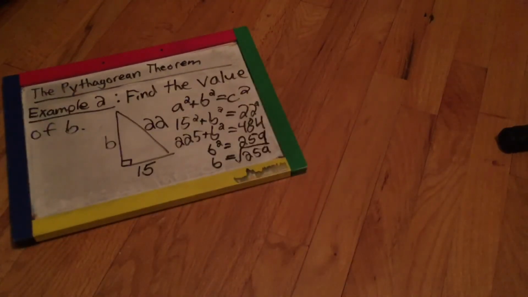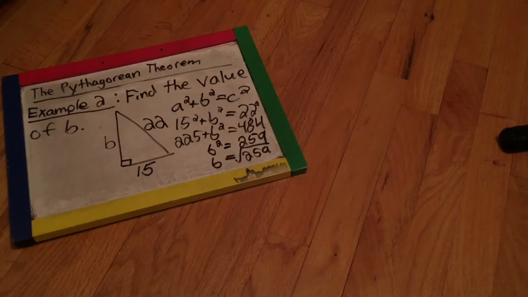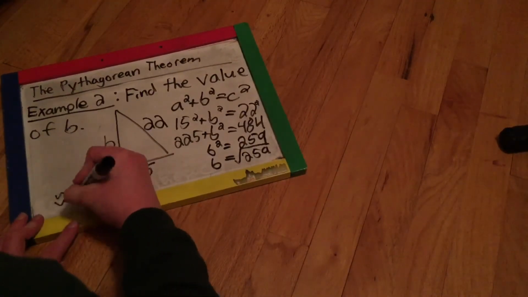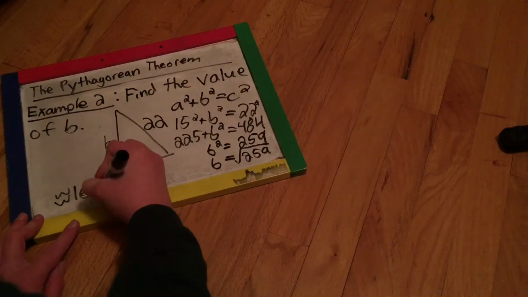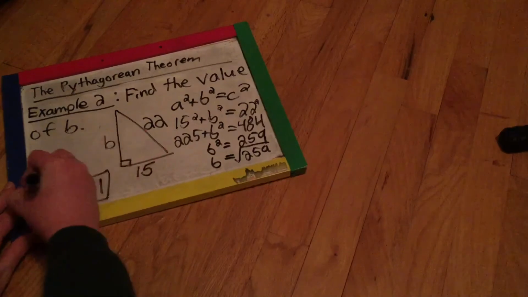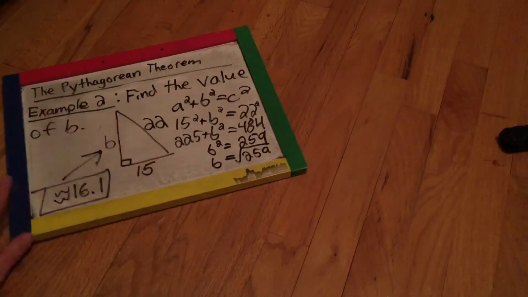I'm going to plug that into my calculator, and the square root of 259 gives us approximately 16.1. So, I am going to write approximately 16.1. So, now we know b is approximately equal to 16.1.